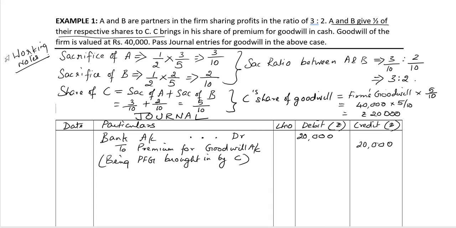The second journal entry is to distribute the premium for goodwill among the sacrificing partners in their sacrificing ratio.